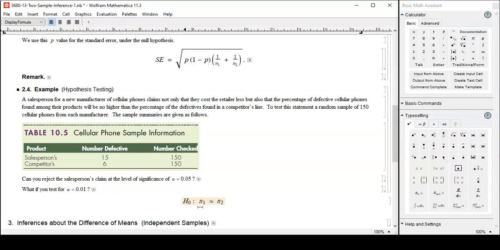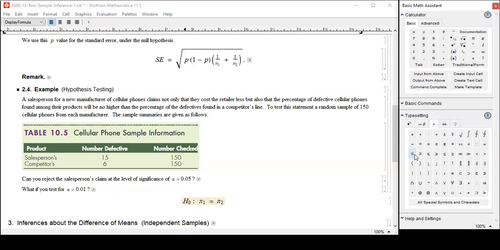The best point estimate of pi 1 and pi 2, the common value of this proportion under the null hypothesis, is 21 out of 300, because put them all together and they are total 21 defective, 15 plus 6, out of total 300. Make sense?